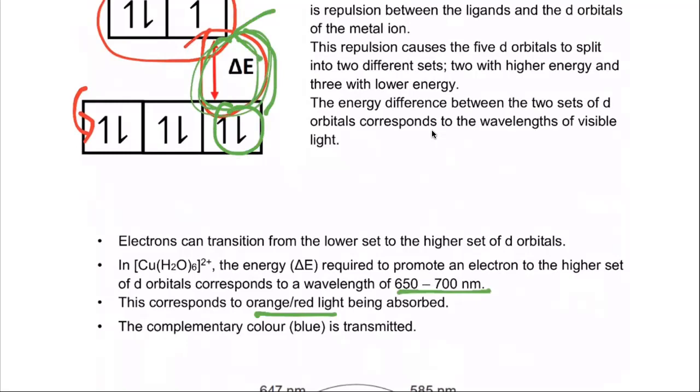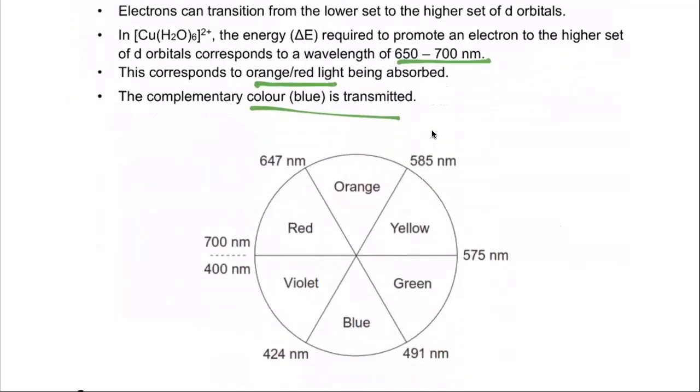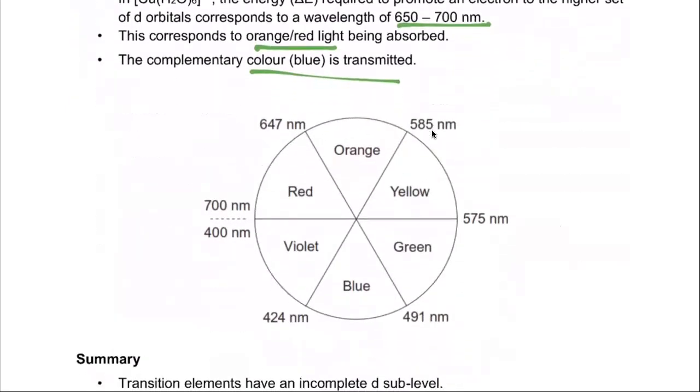And so the complementary color, which the complementary color of orange is blue, is what's transmitted, and that's what our eye reads. So if you've ever taken art, we have our complementary colors. So red over here, if something is absorbing red light, then to our eye, it's going to be transmitting green light, and it's going to look green to us.